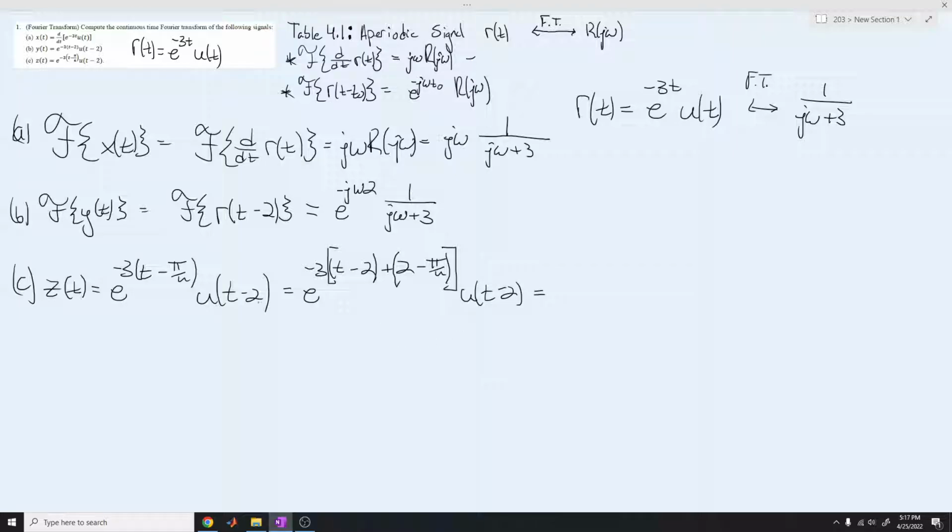And now what I want to do is distribute this 3 throughout. So I'll have e to the negative 3 times (t minus 2), and then if I distribute this 3 right here, I would be subtracting. I'll just write it out. So then it'd be minus 3 times 2, minus pi over 4.